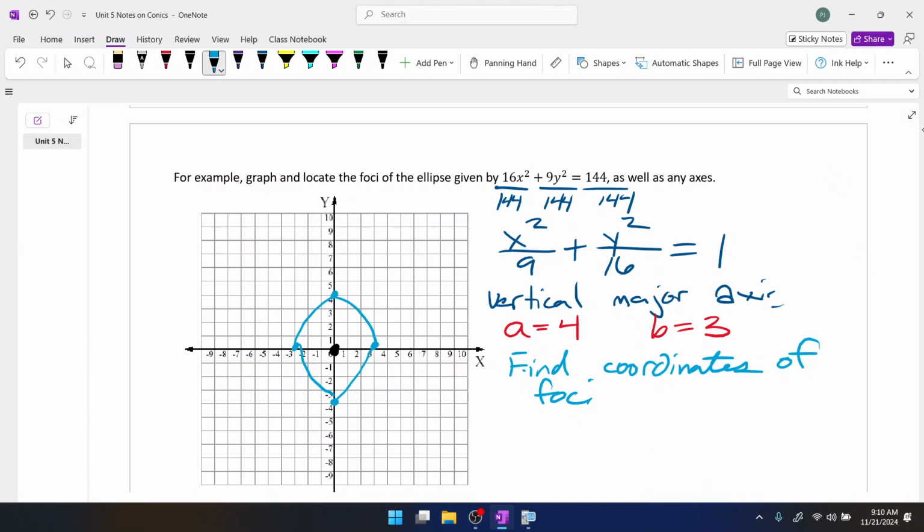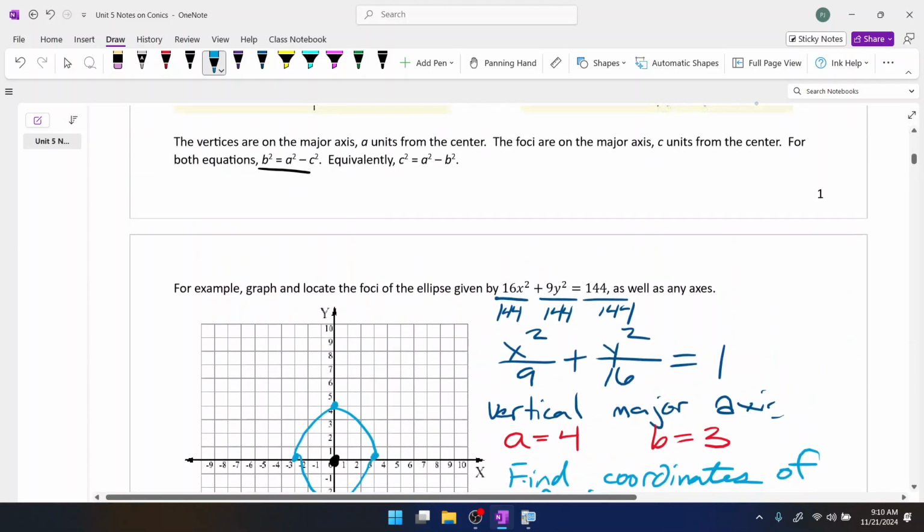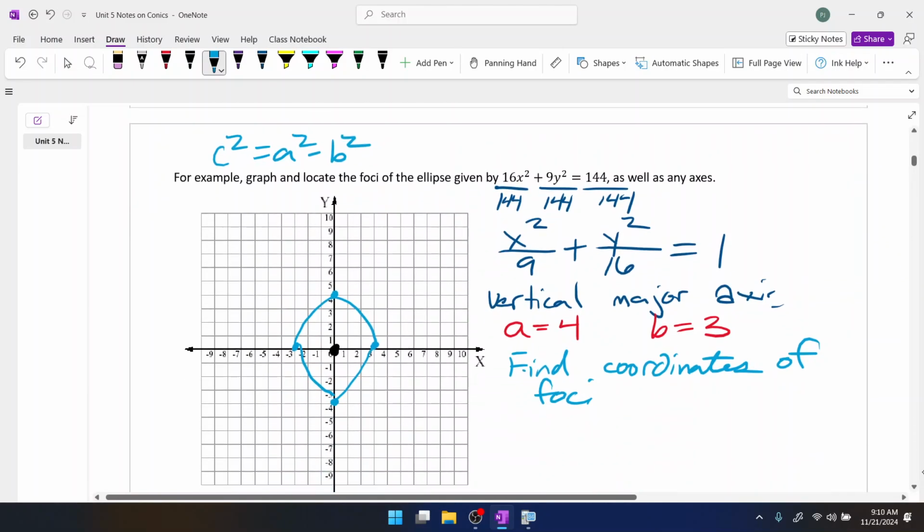If you remember, c squared will equal a squared minus b squared. So the c value may or may not be an integer. That's quite okay for us here.